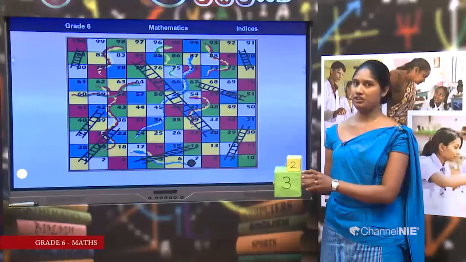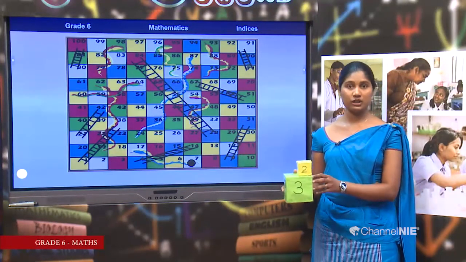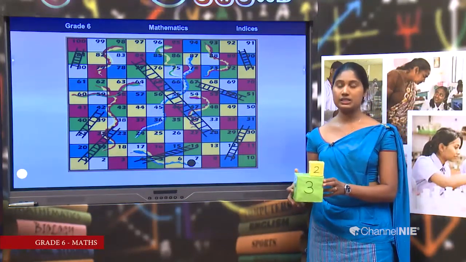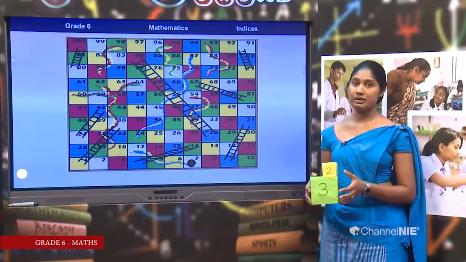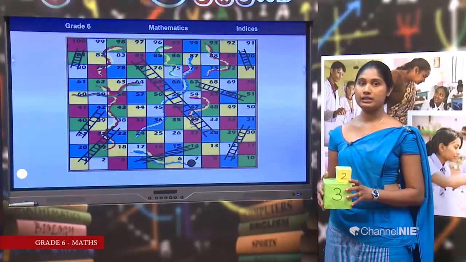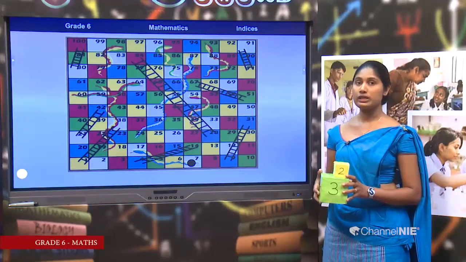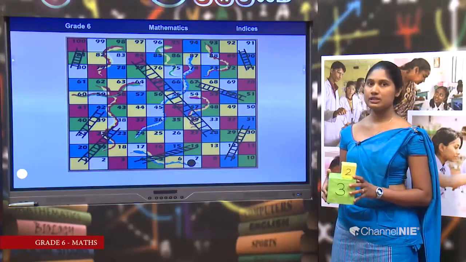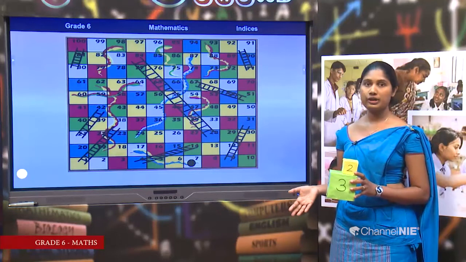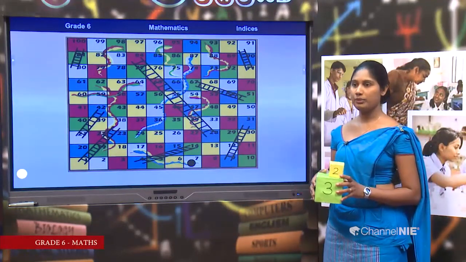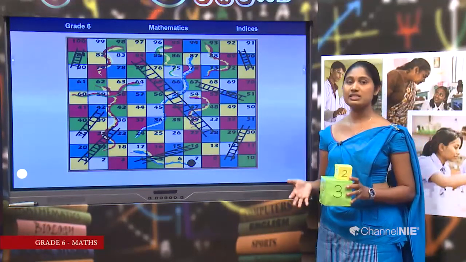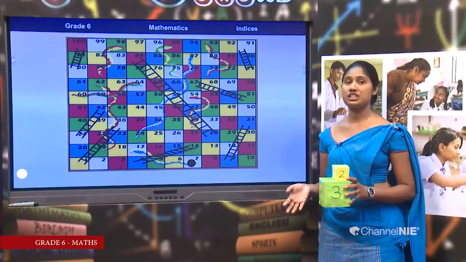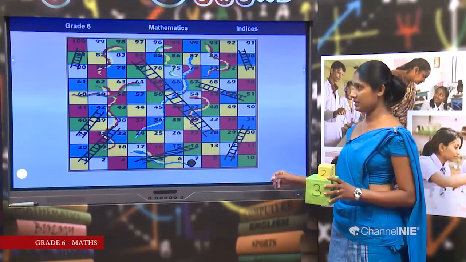Then what is the value here? 3 to the power 2 means 9. Then we can mark that 9. That means we have to move again from 7 towards here. Okay, my dear children, so you can do games like this, activities like this using indices.